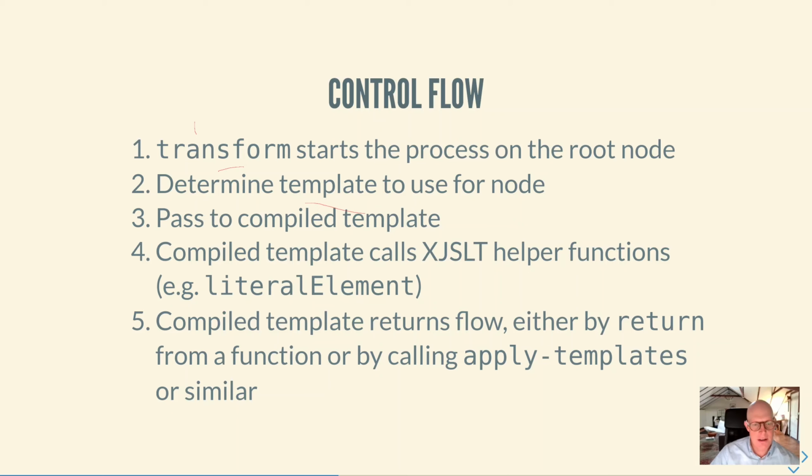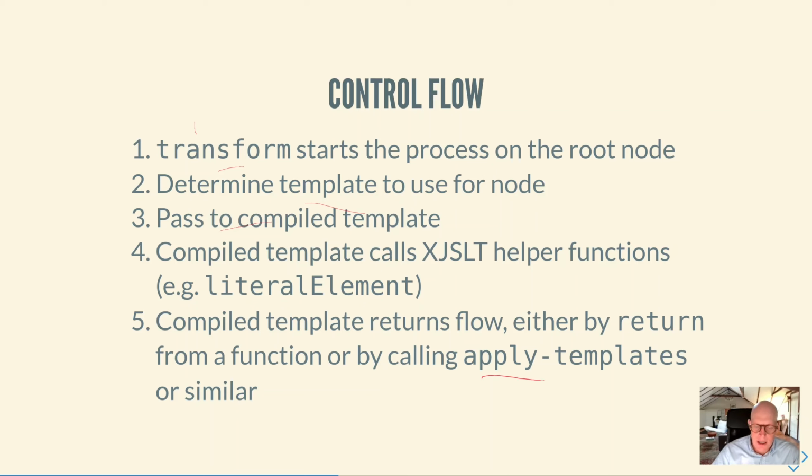And then control is passed to the compiled template, and then that compiled template calls XJSLT helper functions, for example, literal element, as we saw in that example. And then the compiled template returns flow either by returning from a function or by calling apply templates or similar, like for each, helper functions, which determine what template then gets applied to a given node.